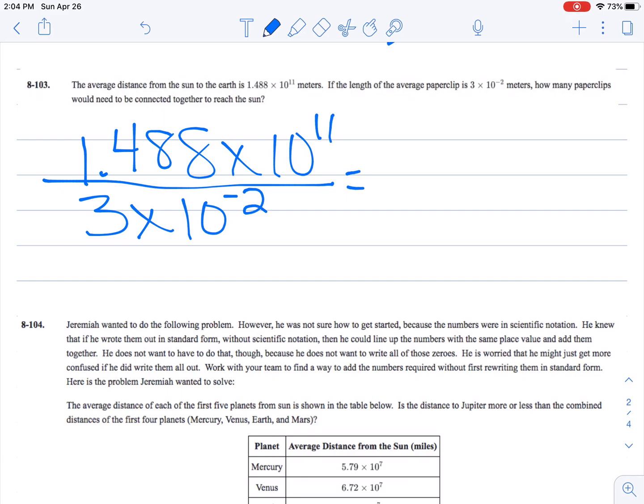So 1.488 divided by 3 is your first step. And that's going to give you 0.496 times.